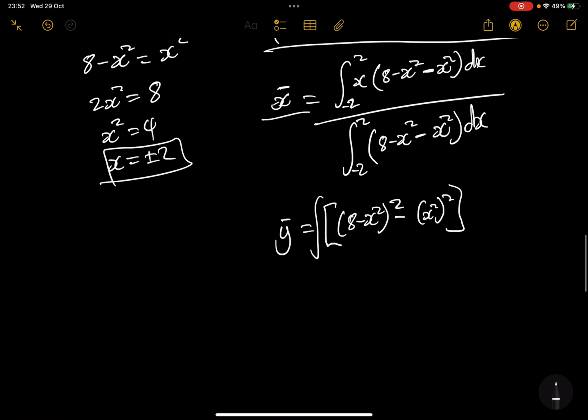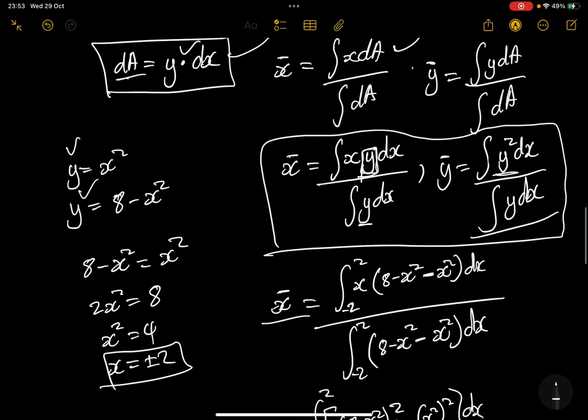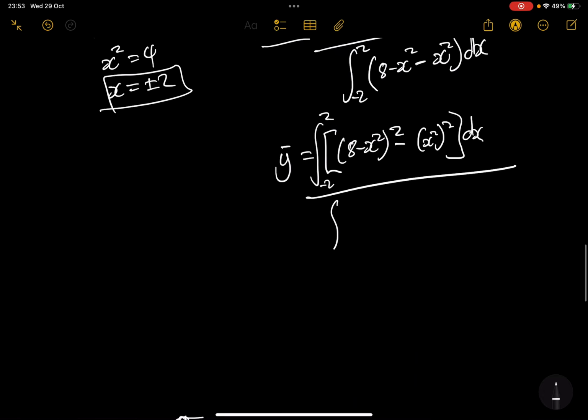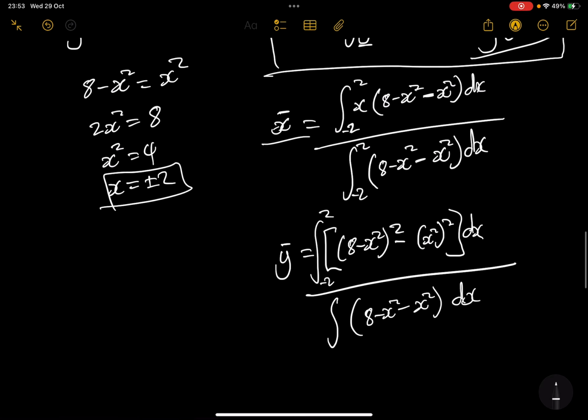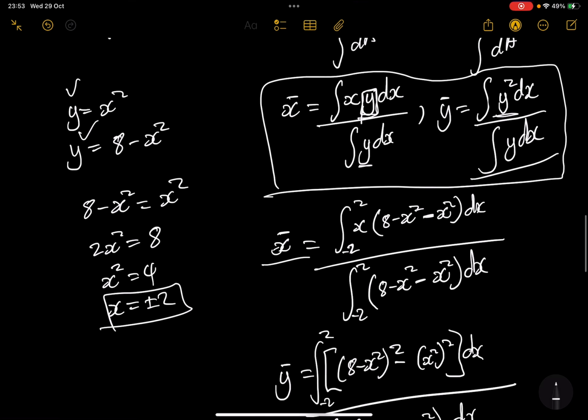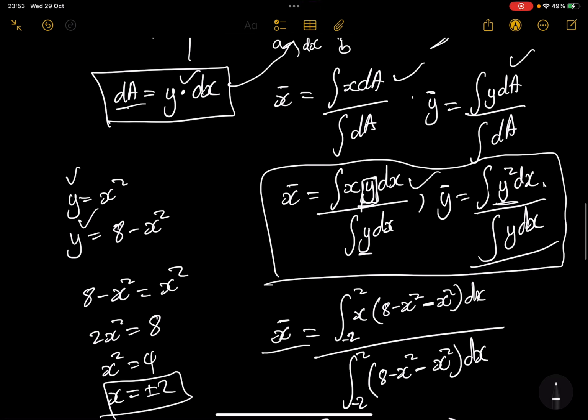The integral from negative 2 to 2 dx, and then over this, which is going to be the integral of 8 minus x squared minus x squared dx.